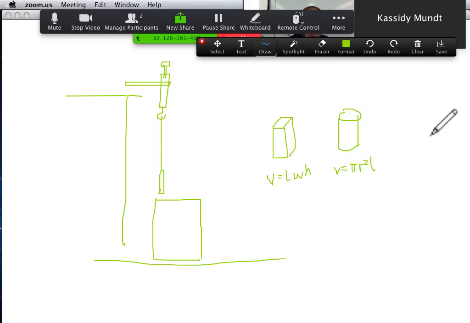A wood dowel or just a rectangular piece of wood would be good for the wooden one. But anyway, in the first one, you're just submerging things that will sink under the water, weighing them out of the water and in the water, and then you're doing some calculations with that.